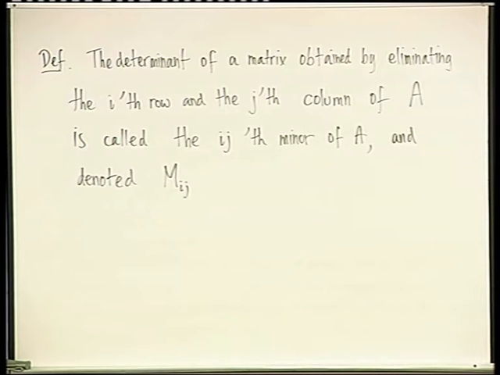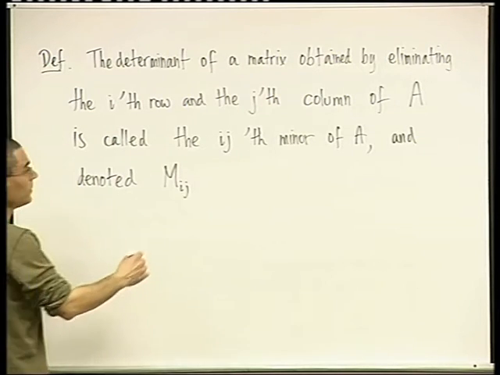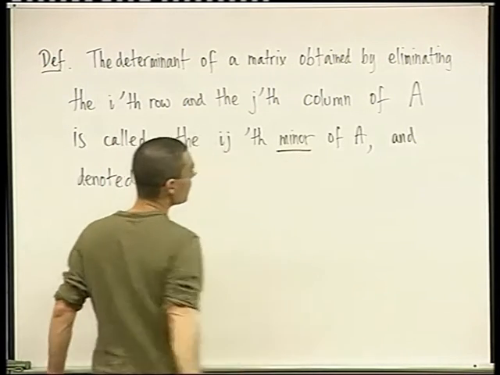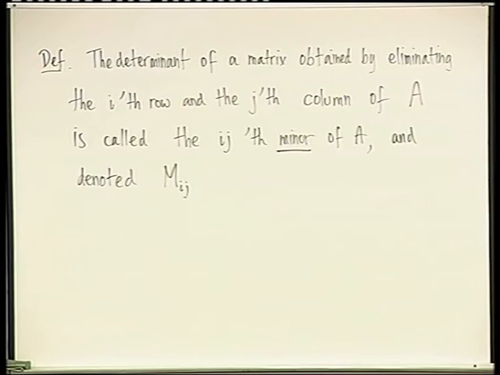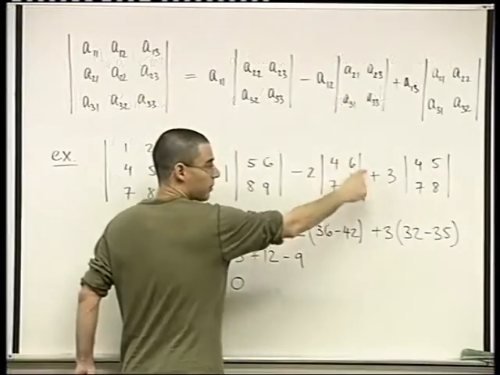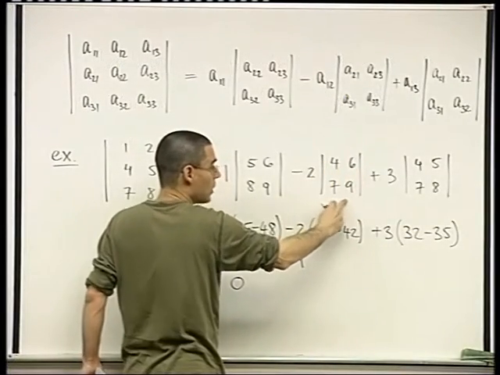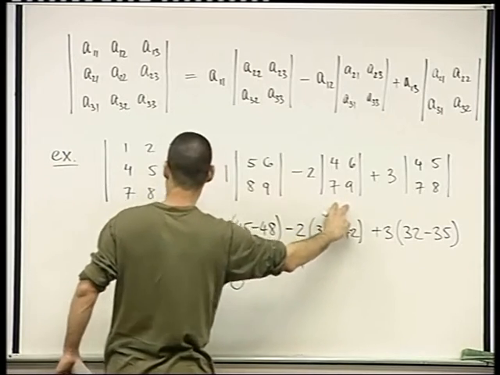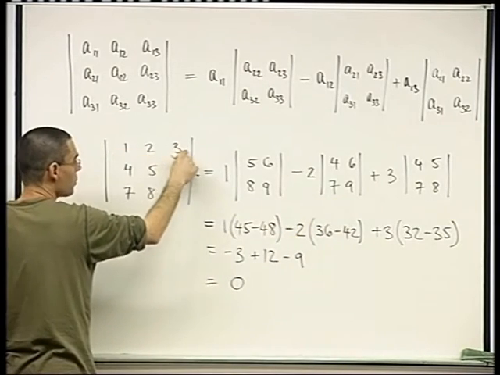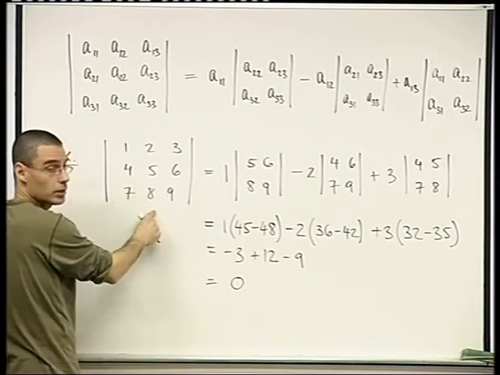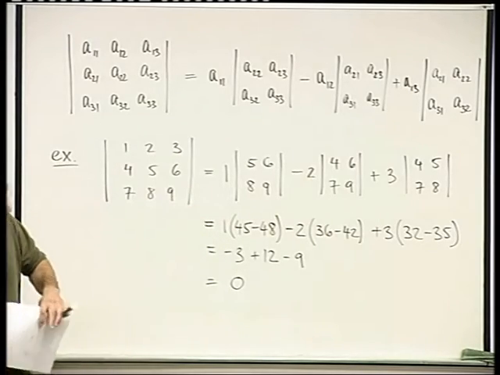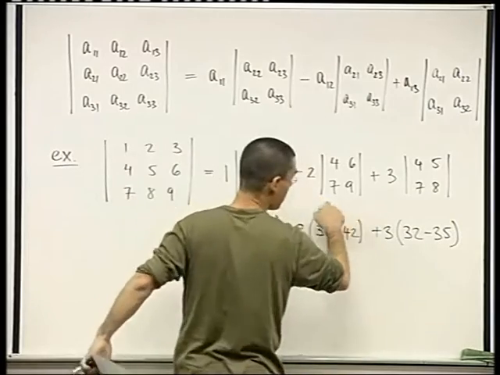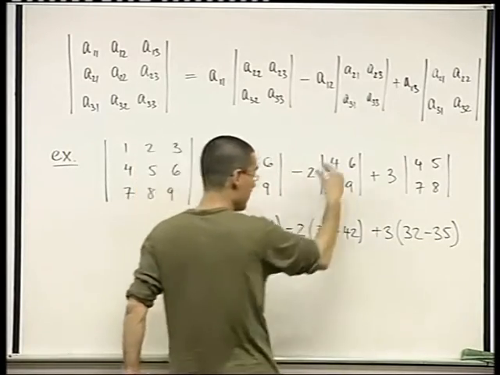Okay? So, for example, let's go back to the calculation that we just did. This thing here, how did we obtain this? We crossed out the first row and the second column. So that thing is M1,2, the determinant of this 2 by 2 matrix.